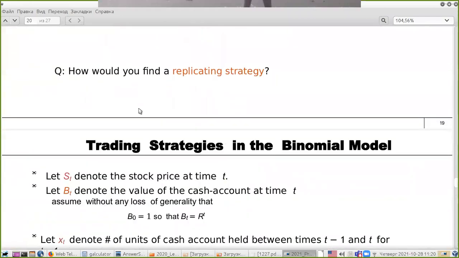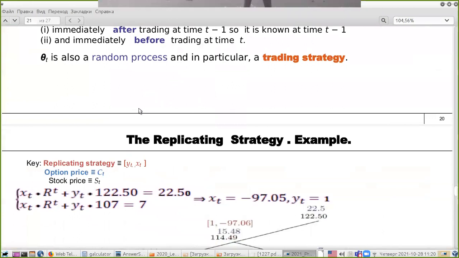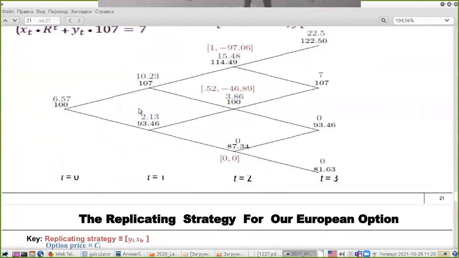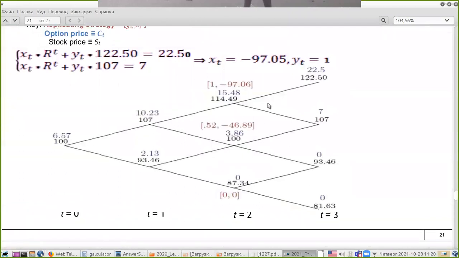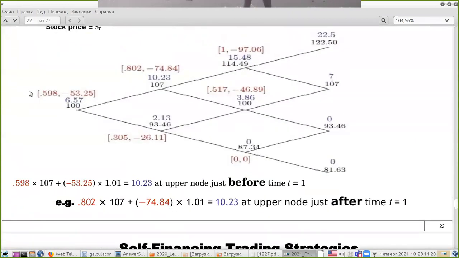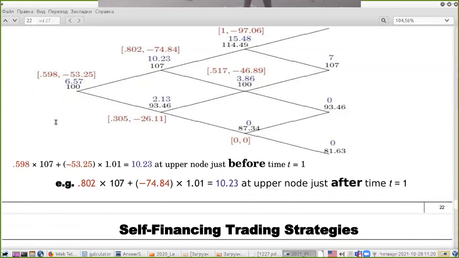And you should know about the replicating strategy, how we can construct the portfolio, and how we can find this portfolio for any node, and get the initial portfolio, and the value of the initial portfolio is the fair option price too.